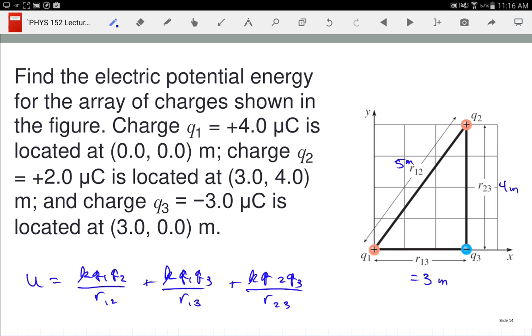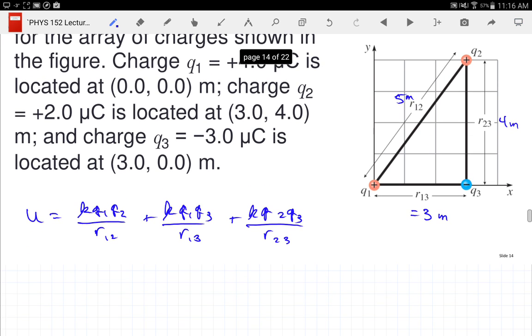So there I have my distances, and then I just have to put the charges in. I'm going to just factor out the K and do everything else.